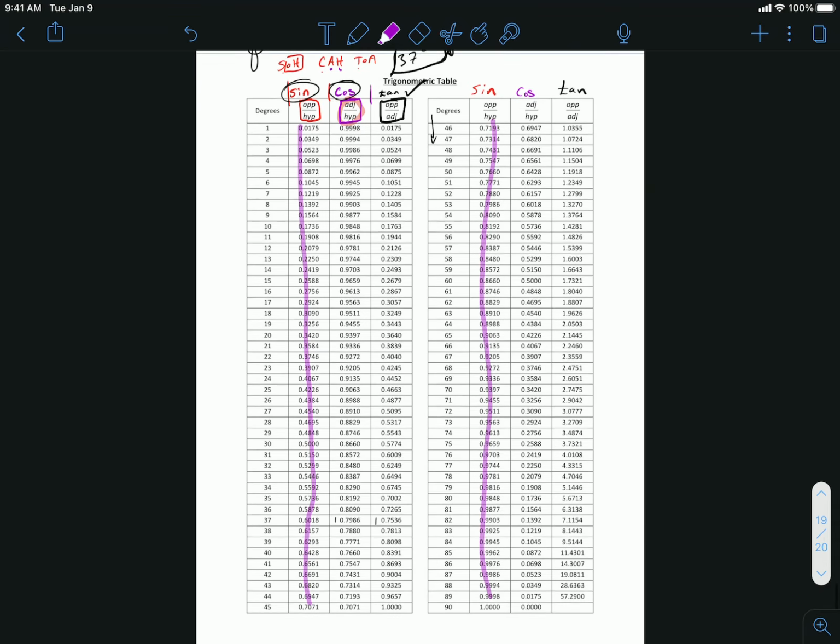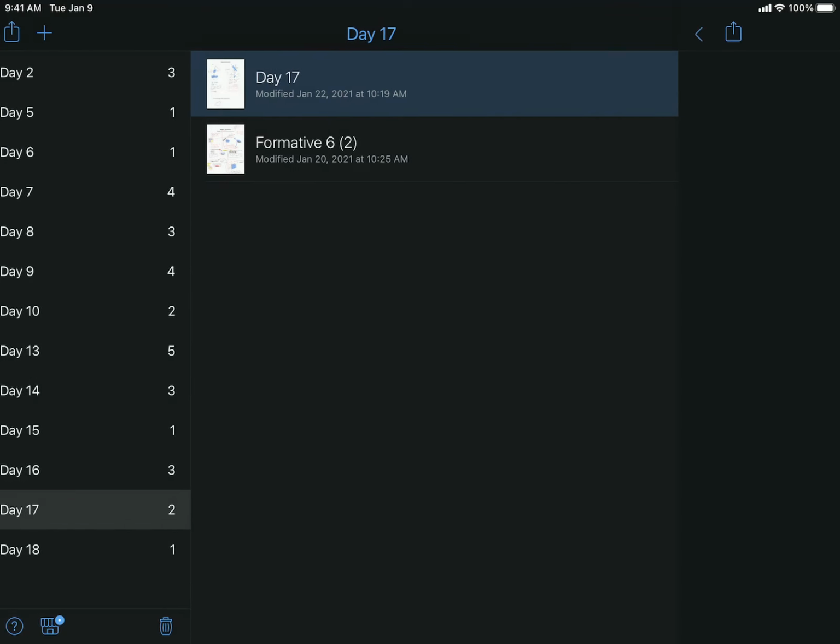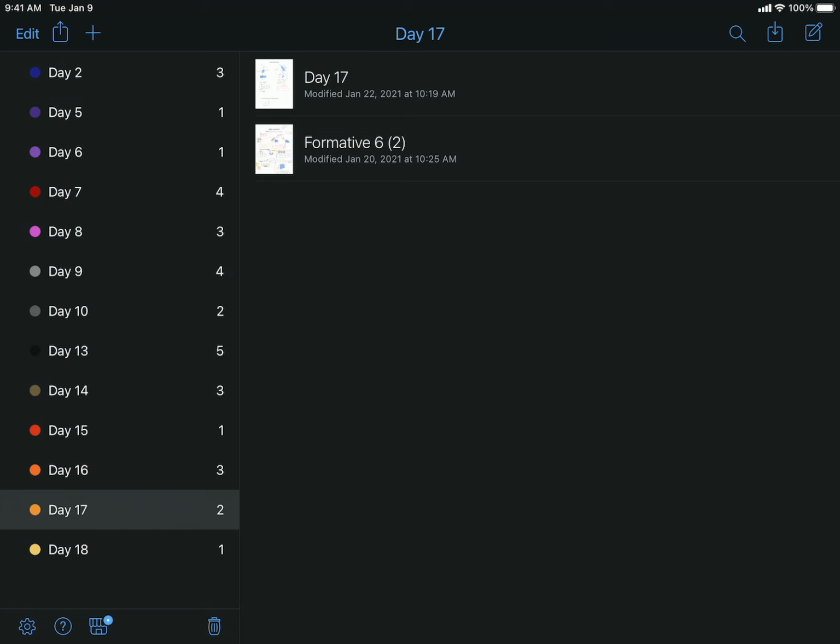Okay, so you have to go find 53 underneath the degree column. So let's go find that. 53 right there. Now you're in the first column underneath sine, the opposite over hypotenuse, because that's what you're doing right now. You look across, and there's the number I'm looking for right here: 0.7986. Once you have that number, you go back.